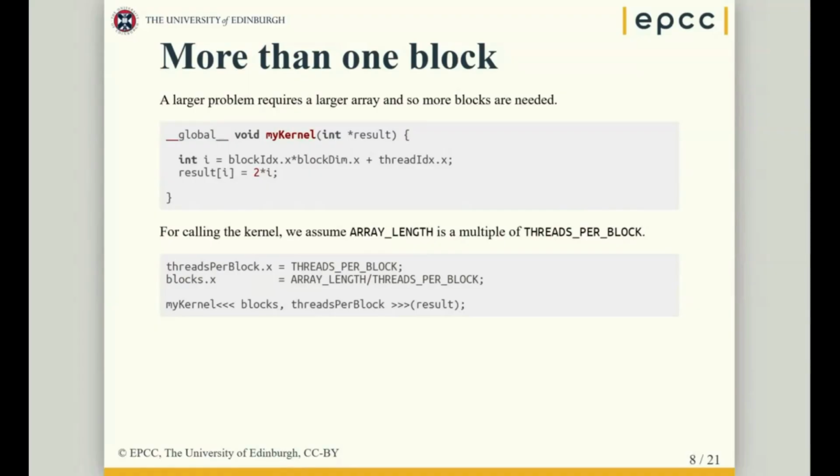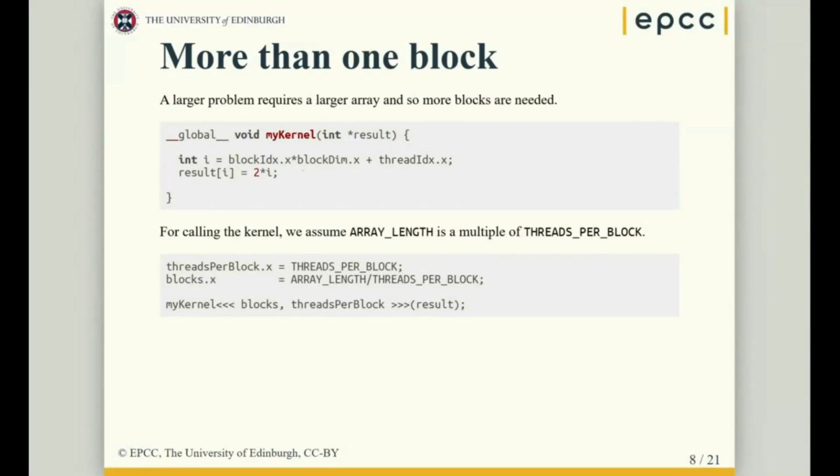We will also see some examples showing that we shouldn't use a higher number of threads per block. So the way of getting this index will be to multiply the block ID with the block dimension and add the thread ID. Imagine that we have 2 blocks, so the block index will be 0 or 1.